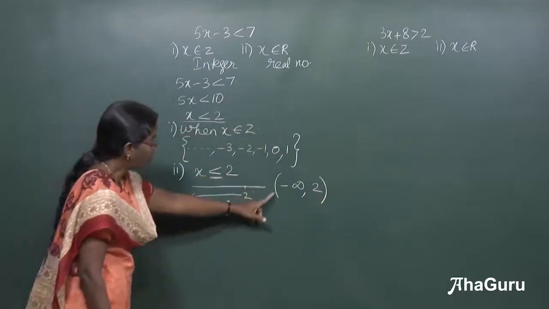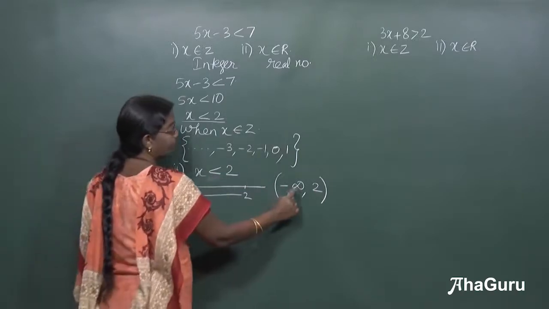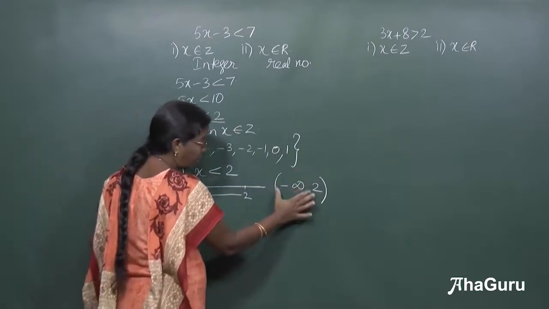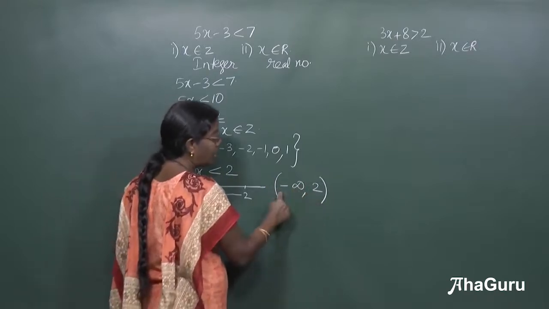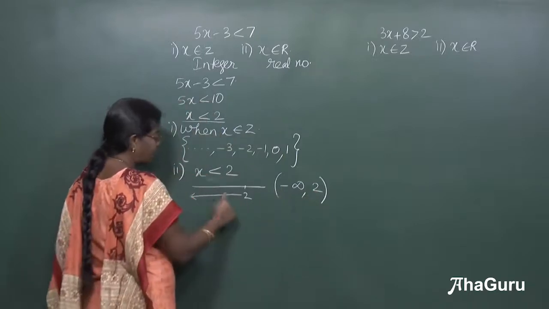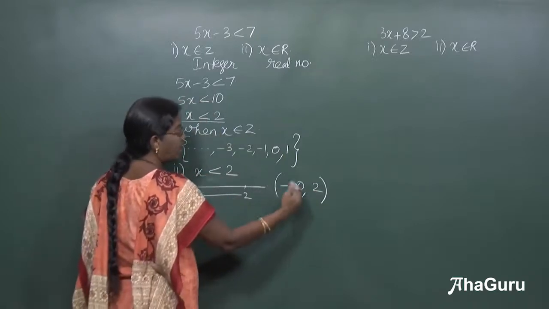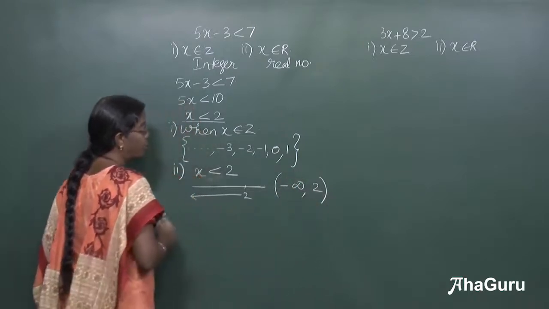This open interval minus infinity to 2 has all the real numbers which are less than 2: all the negative real numbers along with all the positive real numbers between 0 and 2 will be included.